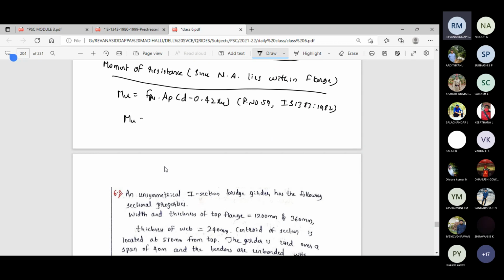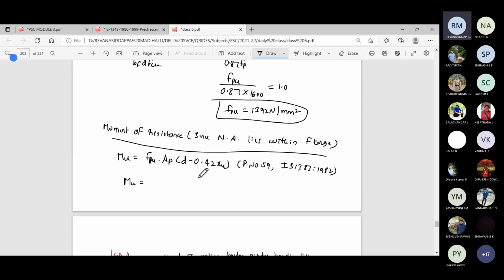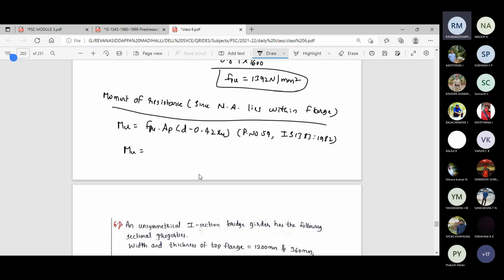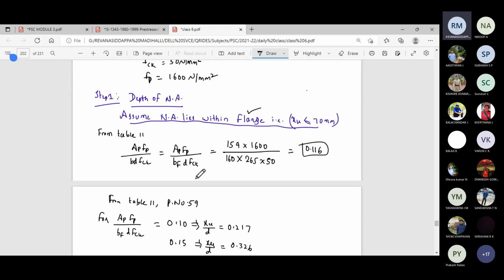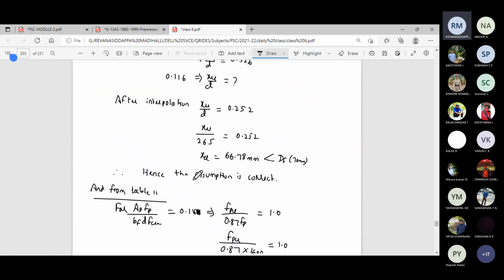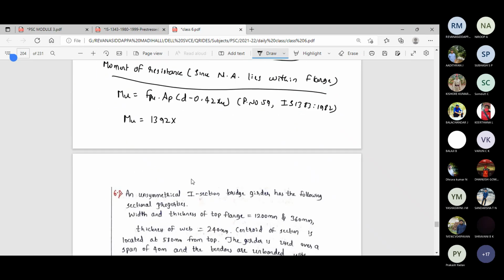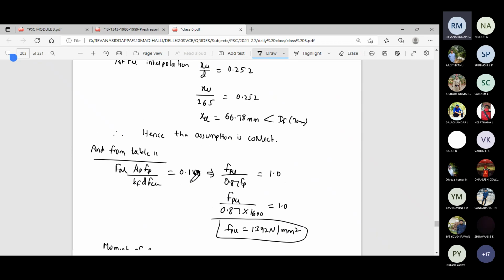Therefore, Mu is equal to fpu, how much we got? 1392, into Ap, area of prestressing steel, 154, into effective depth 265 minus 0.42 into xu, how much we got? 66.78.